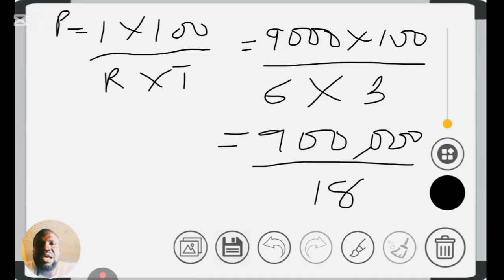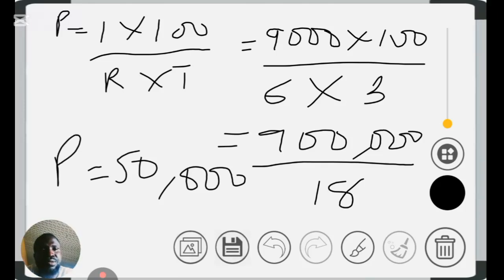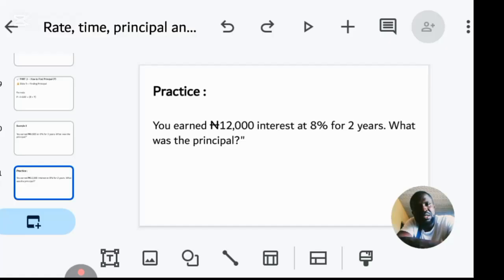So we say 900,000 naira divided by 18. We are going to get what? 50,000 naira as our principal. Okay, let us practice this on the board. Don't forget to put your answers in the comment section below.